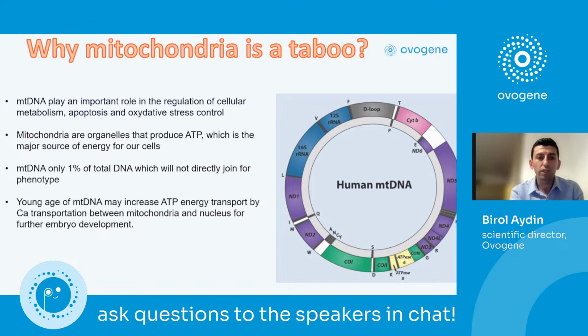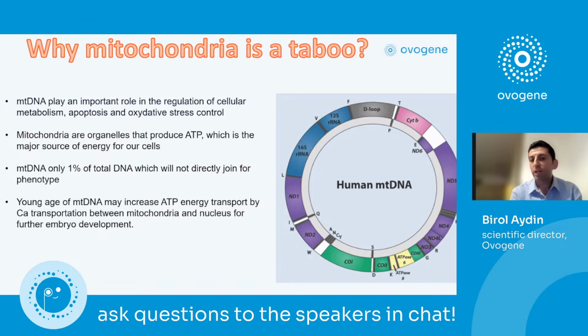Mitochondria are organelles that produce ATP energy, and ATP is the major source of energy in the cell. Mitochondrial DNA is only 1% of the total DNA and does not show itself directly in the phenotype, which makes mitochondrial treatment or mitochondrial donation more attractive for everyone.